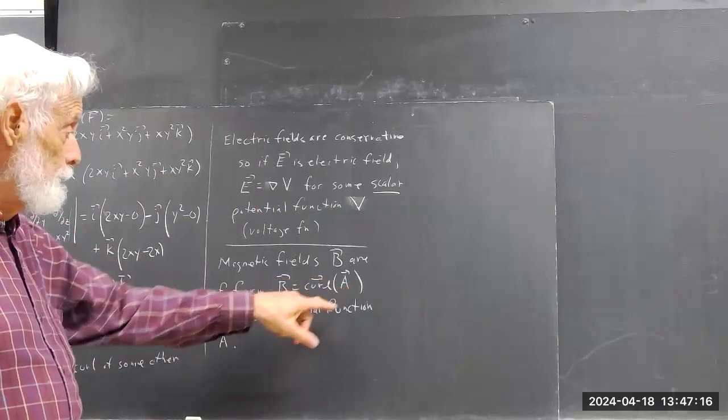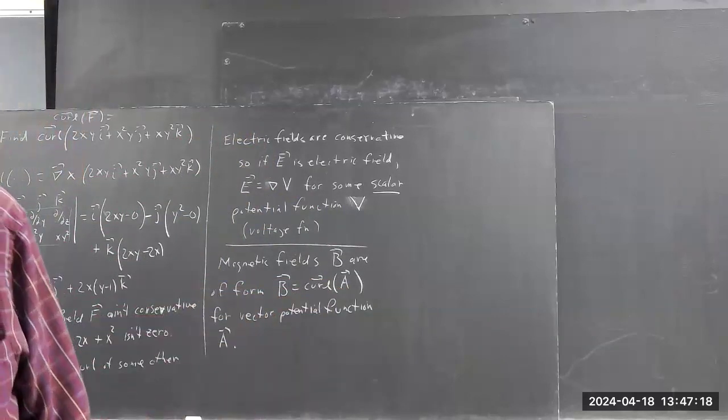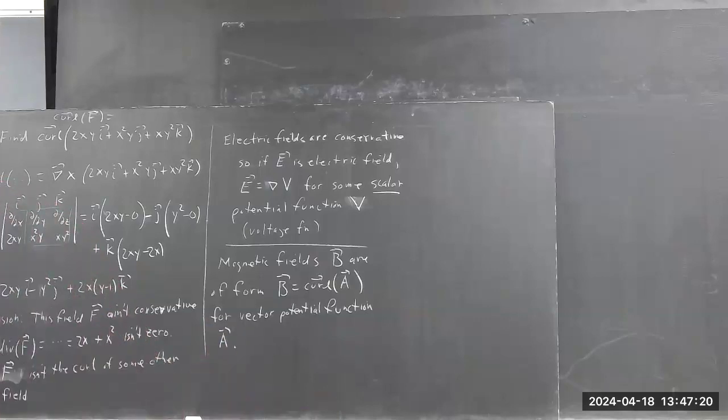Finding a vector potential function is a little more complex, but not beyond what you might see in some of the discussion text. But you're probably not going to see either of these things in the problem set, and I'm not going to put anything on an exam that requires that you understand what I just wrote there.